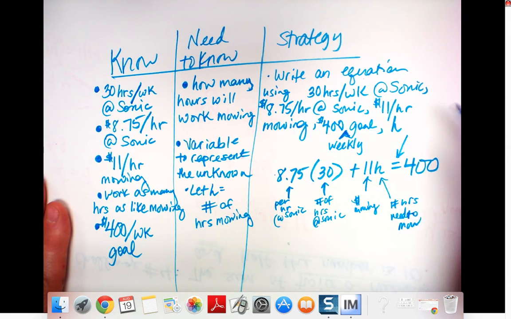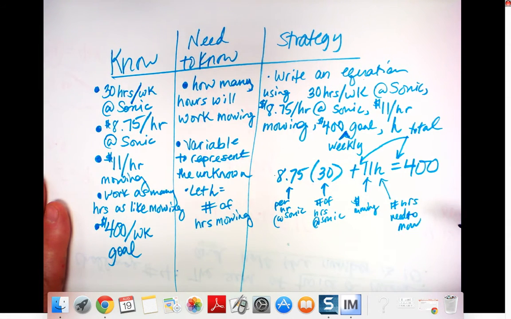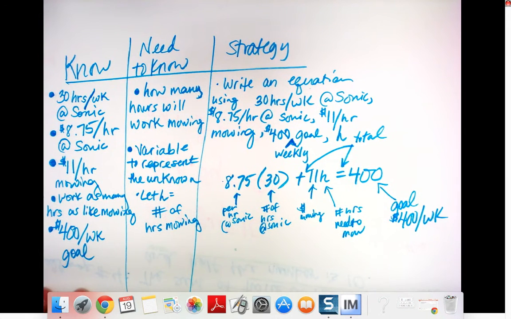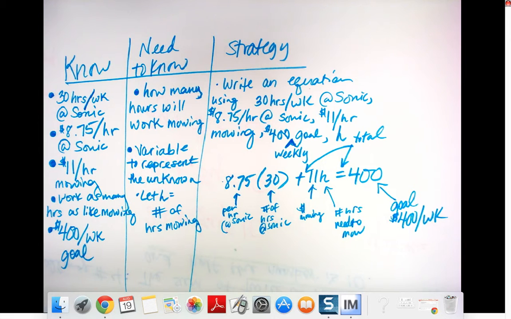And that will total, which the addition sign comes in there too, total to your goal, which is $400 weekly. So at this point, we need to ask ourselves, does that equation make sense? So I like labeling each part because it helps me to remember we're saying a sentence. We're telling the story by using numbers and symbols, okay?